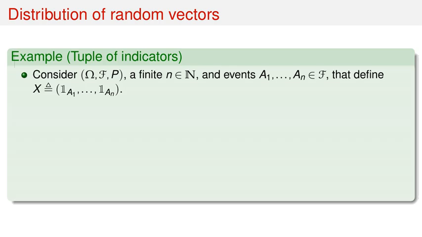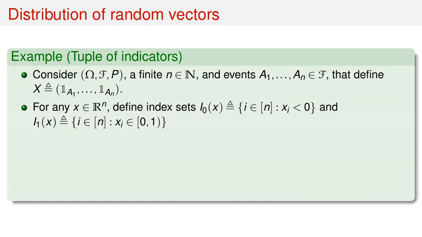Let's revisit our example of a tuple of indicators. Consider omega, script F, P, a finite n, and events A_1 through A_n in script F, defining the random vector X as indicator A_1 and so on, indicator A_n.